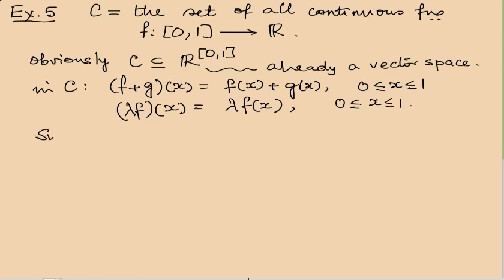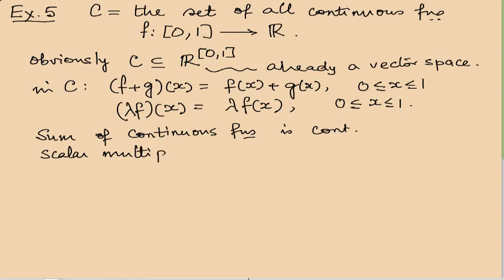Since the sum of continuous functions is again continuous, and a scalar multiple of a continuous function is continuous, we now know that plus defines a binary operation, and this is also a function from R cross C to C, the scalar multiple.